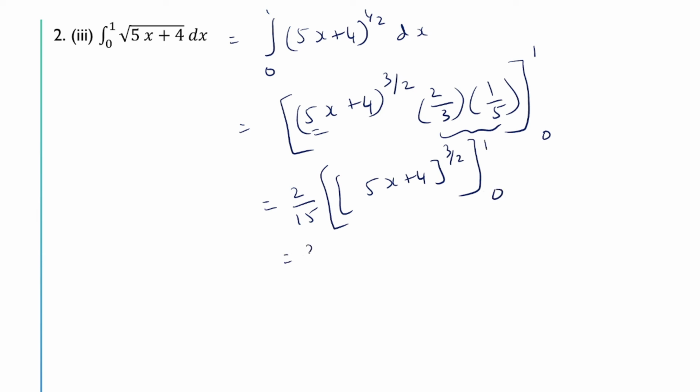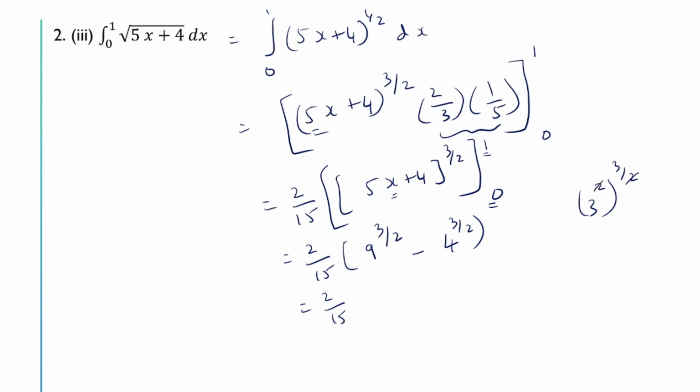Now substituting the upper limit, x is equal to 1. So 5 plus 4 is 9, 9 raised to 3 by 2, minus, substituting the lower limit x as 0, it is 4 raised to 3 by 2. So this is equal to 2 by 15 into, here 9 raised to 3 by 2 is nothing but 9 is 3 square, the whole raised to 3 by 2.